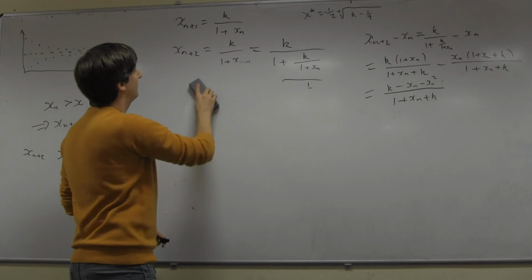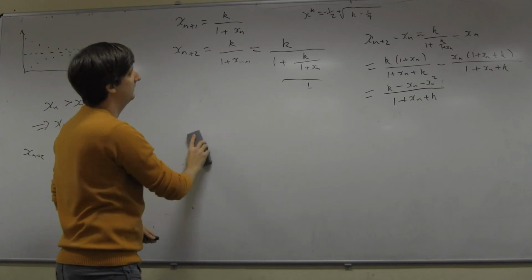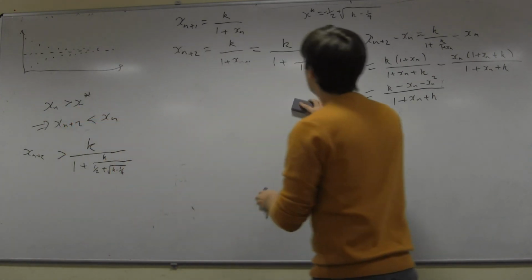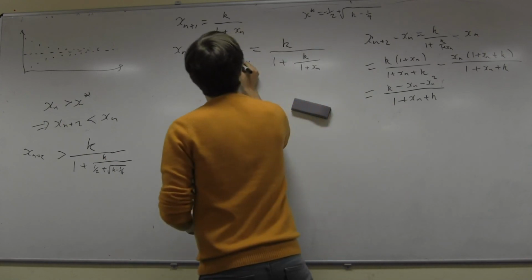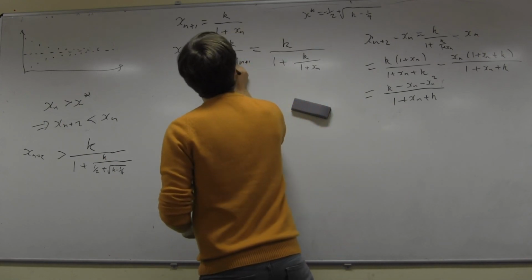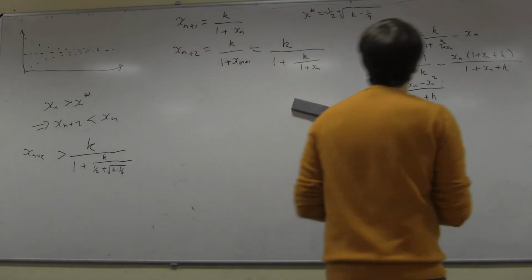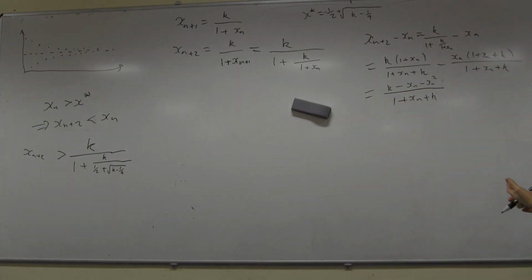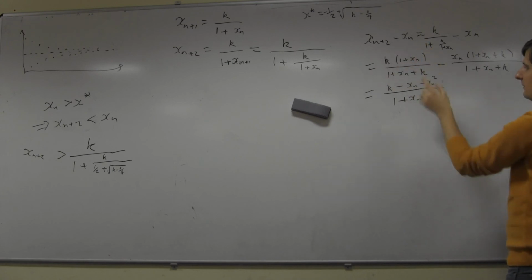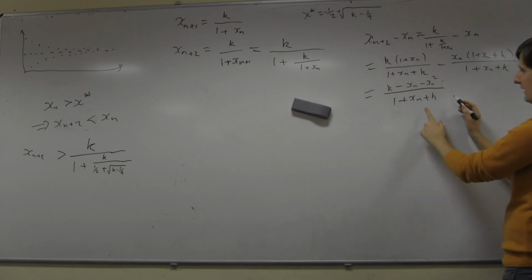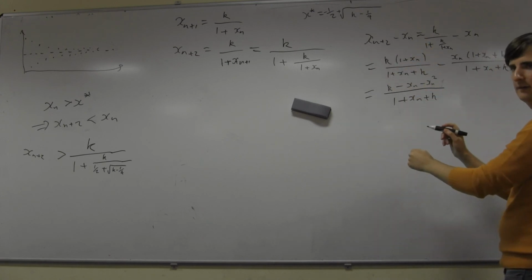I'm afraid it's impossible to do maths without occasionally going in completely the wrong direction. So here we have xn plus 2 minus xn, and we've got it down to this thing. This thing on the bottom is positive.